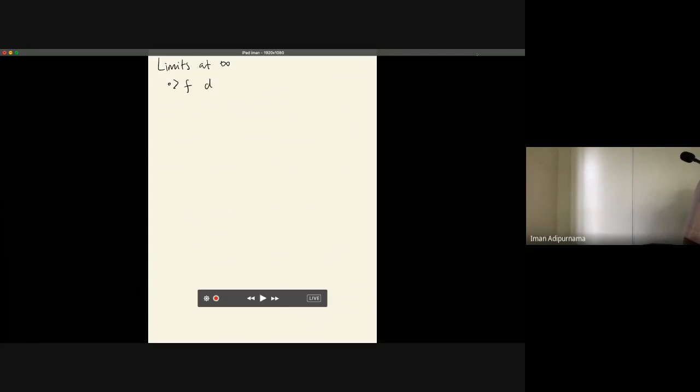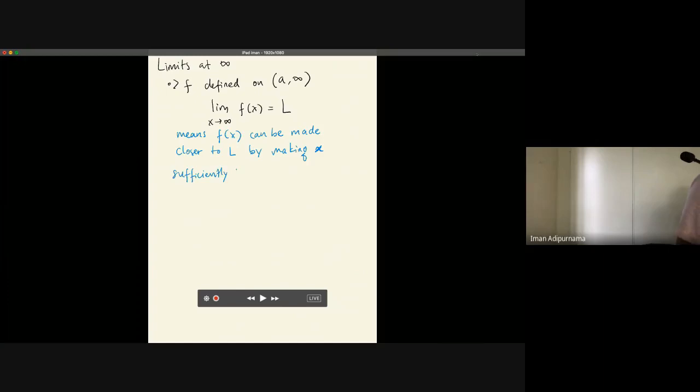So if the function is defined on, let's say, the interval a to infinity, we can have the limit as x approaching infinity of some function of x equal to some value L. This means f of x can be made closer to L by making x sufficiently large numbers.